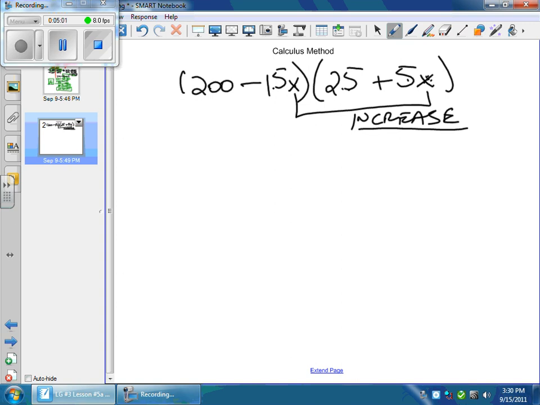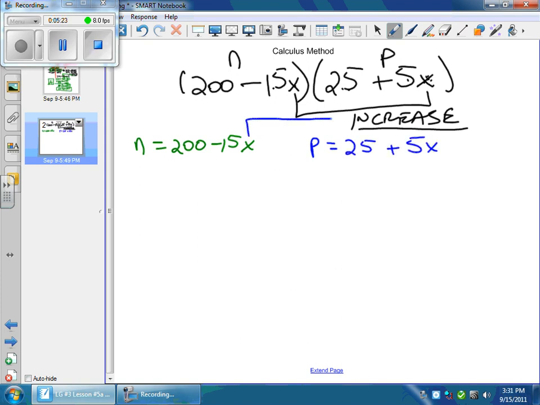That's not what's important. What's important here is this. This is the number of tickets. This is the price. So check this out now. This is really, really neat. The number of tickets equals 200 minus 15x, right? The price equals 25 plus 5x. Look what's in common to both of these. What's in common to both of these is x.